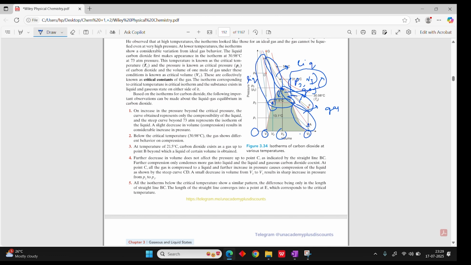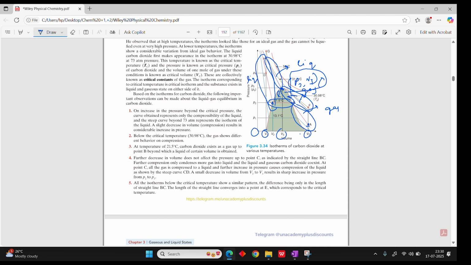Again it's a gas. That's what he observed. And what is this E? At this E, you are having P3 and V3, which are your critical volume and critical pressure.